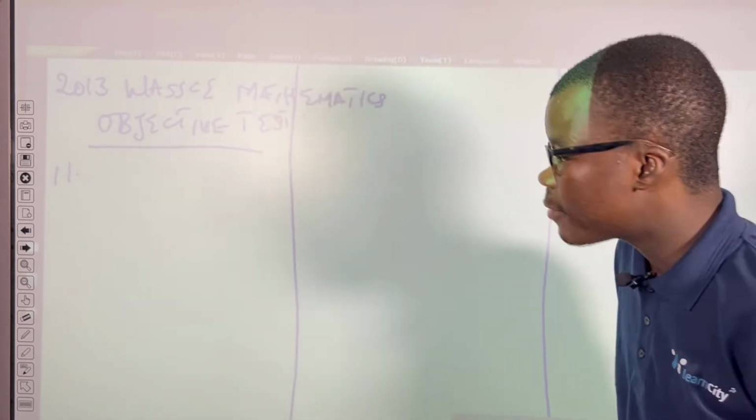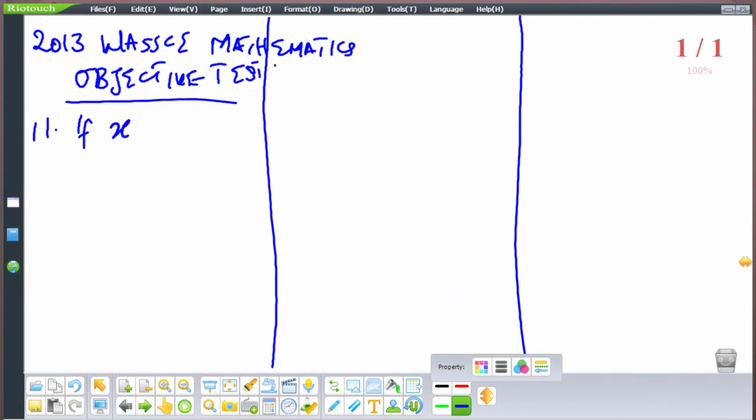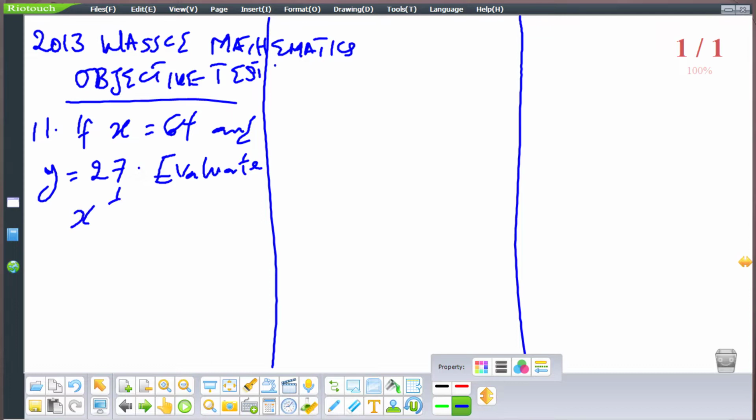It says, if x equals 64 and y equals 27, evaluate x raised to power 1 over 2 minus y raised to power 1 over 3, all divided by y minus x raised to power 2 over 3.